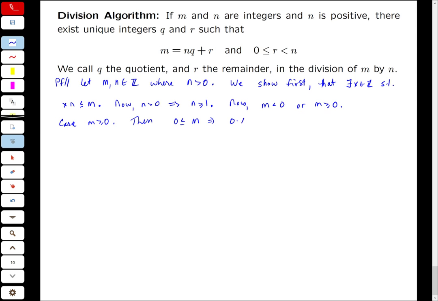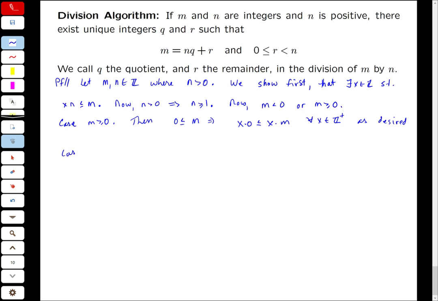So you're going to have 0 times x is less than or equal to x times m for all x in the positive integers. Okay? As desired.